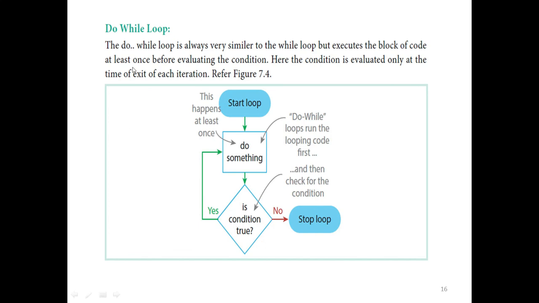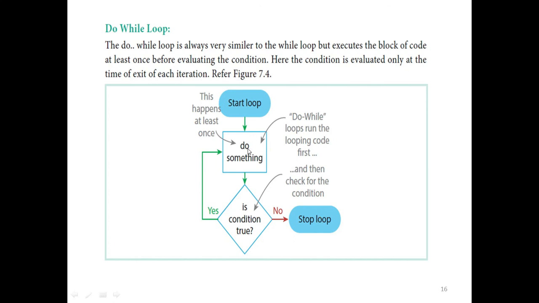The do while loop is very similar to the while loop, but it executes the block of code at least once before evaluating the condition. Here the condition is evaluated only at exit, which means at the end. You see: start loop, do, if condition, start loop, stop loop.